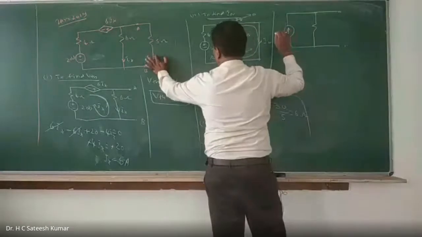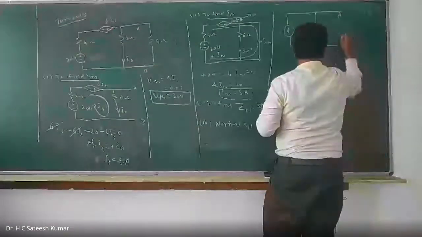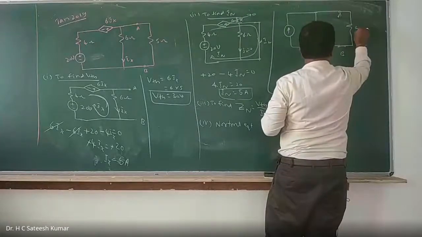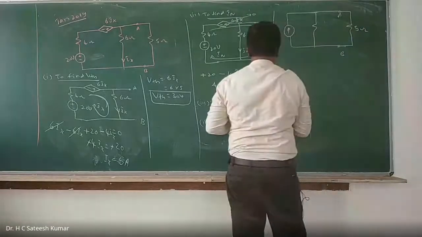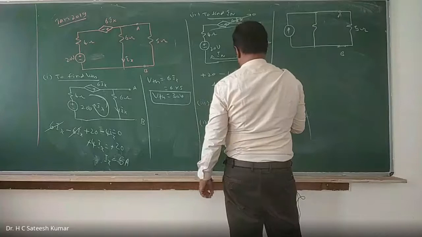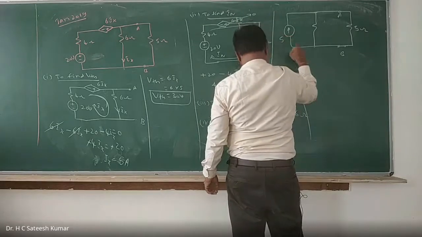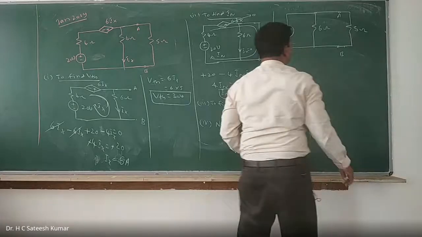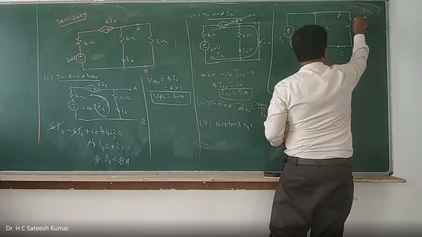We have to find out the current flowing through the 5 ohm resistor. Now reconnect the load we had removed, the 5 ohms, with the Norton circuit. Norton's IN is 5 and the resistance is 6 ohms, and you have to find the current in the load. I'll call this IL.